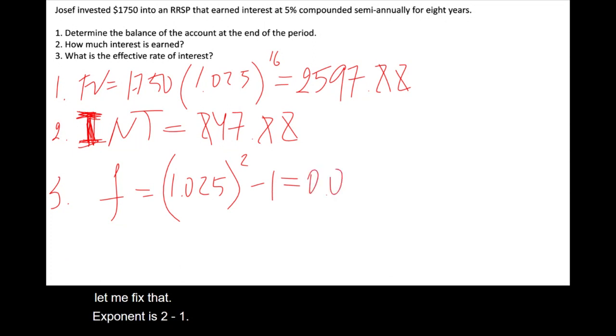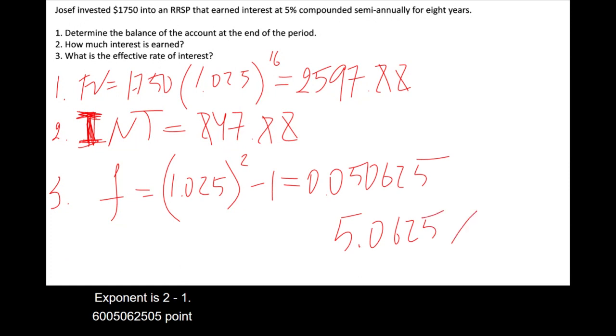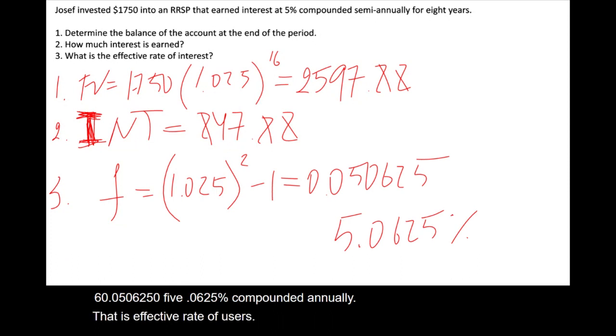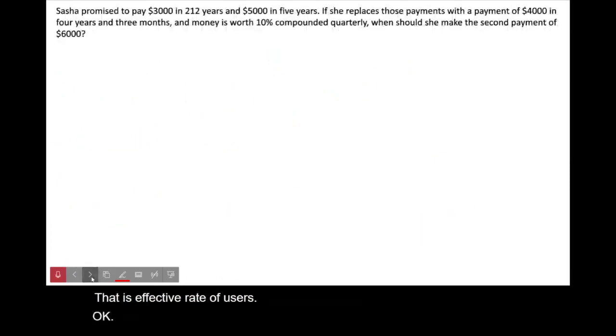So 0.050625. So 5.0625% compounded annually. That is effective rate of interest.